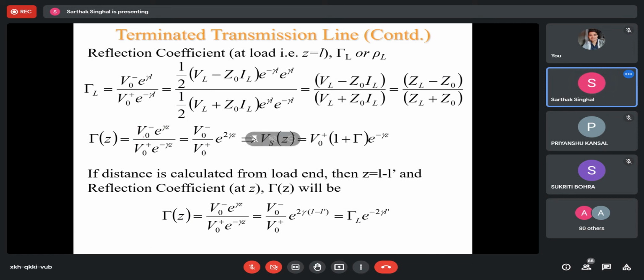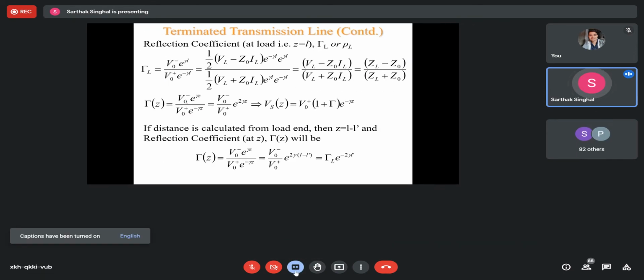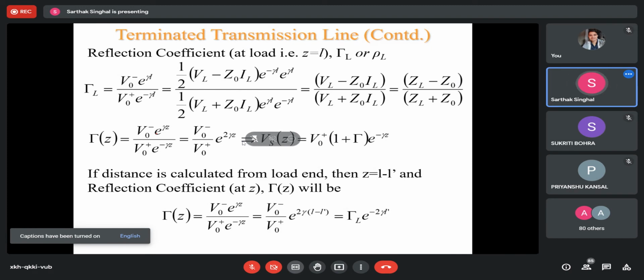This one, V0 minus e to the power gamma z, is the complete backward traveling voltage signal, and this V0 plus e to the power minus gamma z is the forward traveling wave signal. So this will give you the value V0 minus upon V0 plus into e to the power 2 gamma z, right?